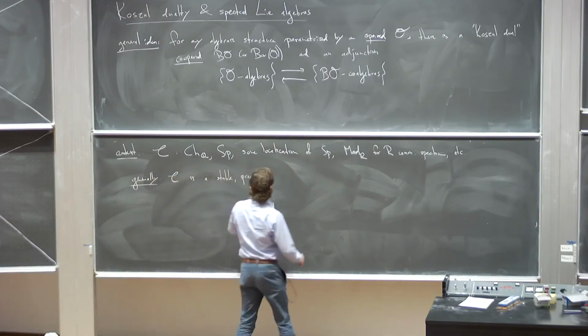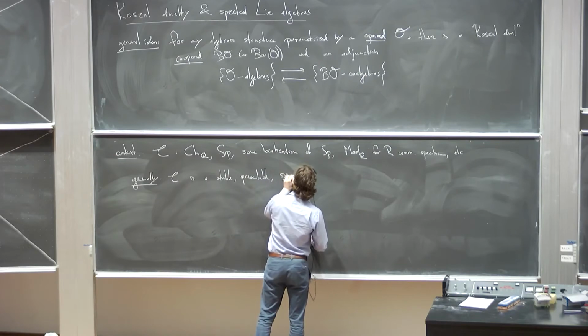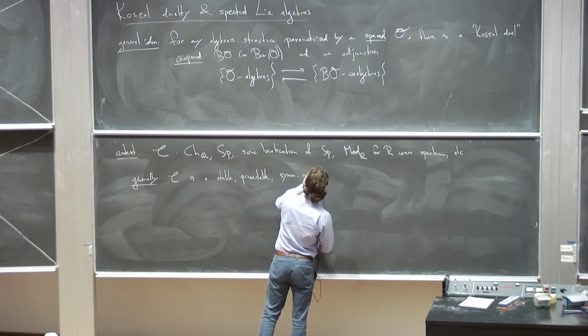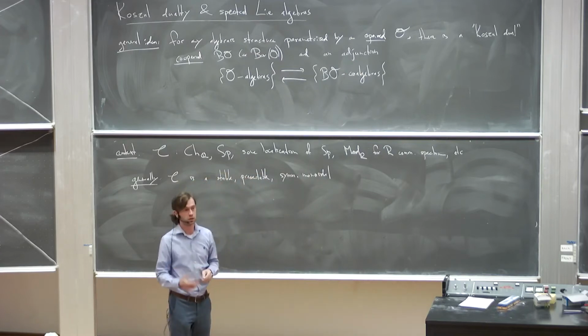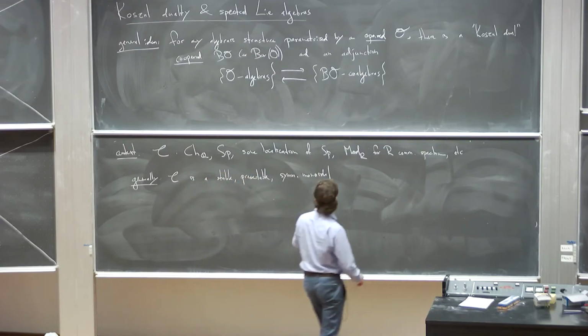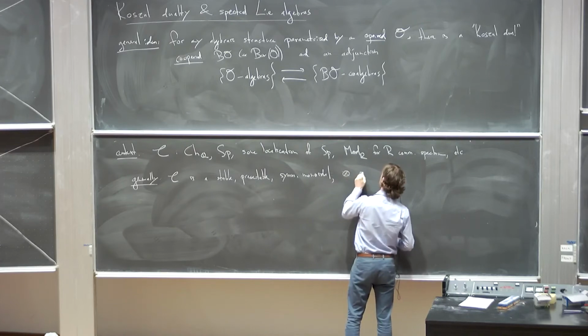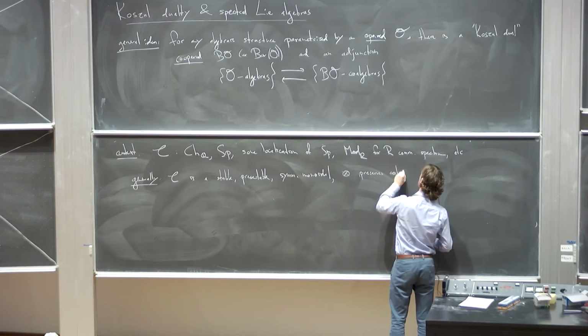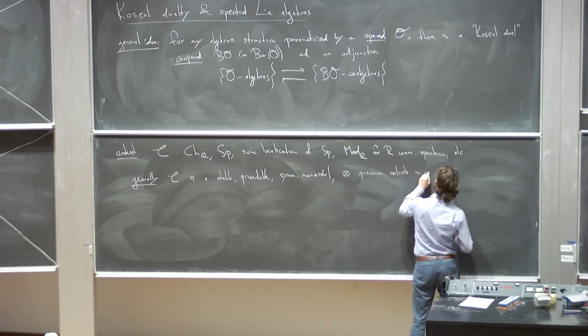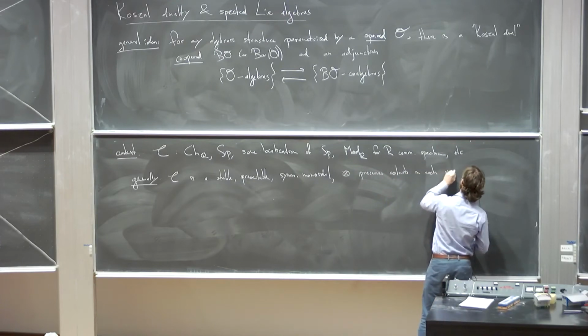Stable, presentable, symmetric monoidal. They need a tensor product in order to do algebra. So symmetric monoidal, and I'm going to assume that the tensor product is compatible with colimits. So the tensor product preserves colimits in each variable separately.